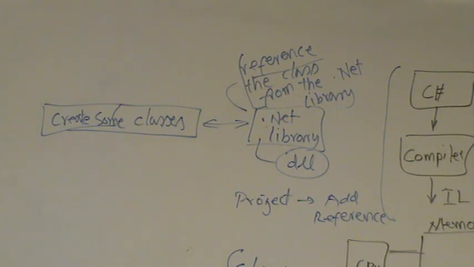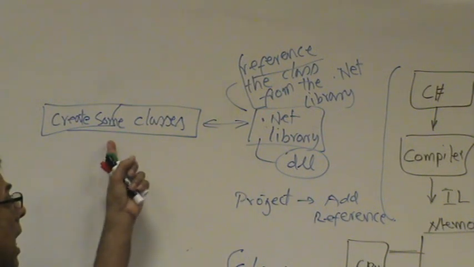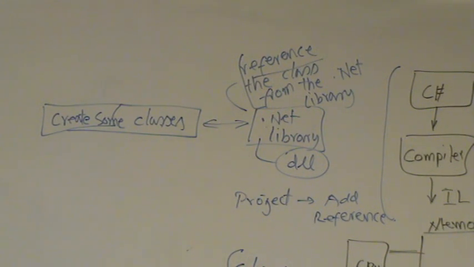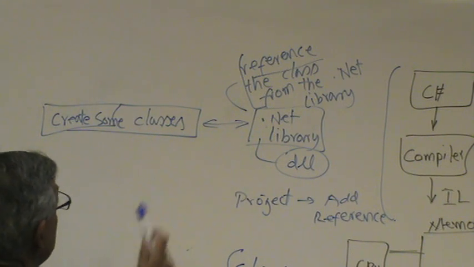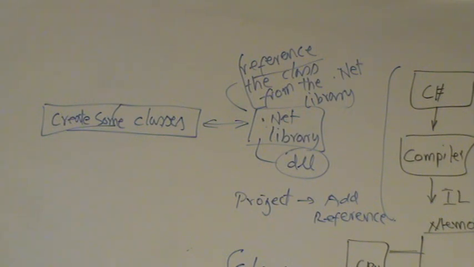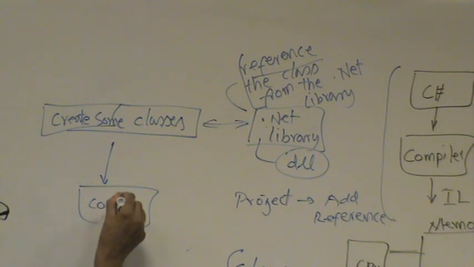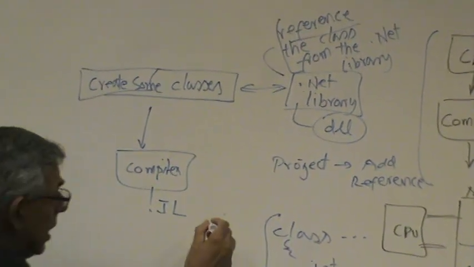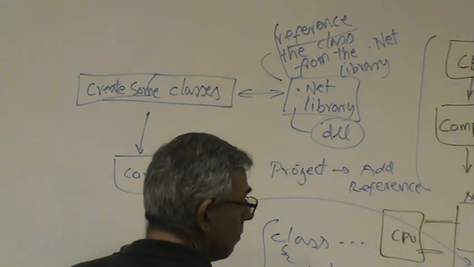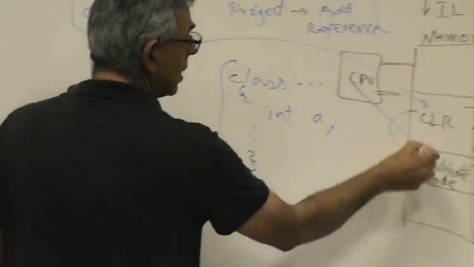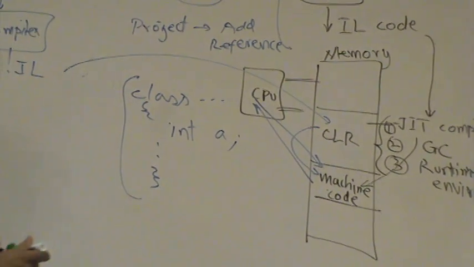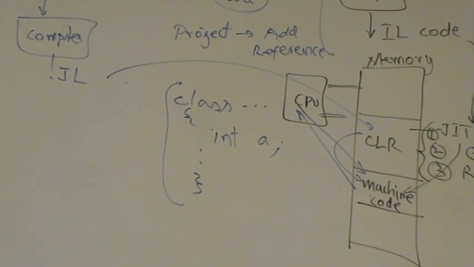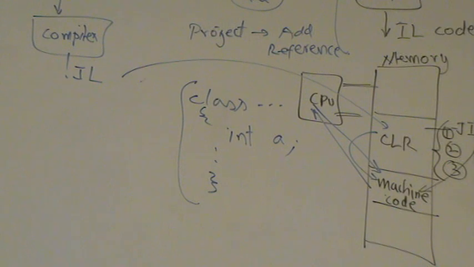So you'll pick the DLL, and then you will automatically get the class that you need to use in your project. So gradually you will learn that, right? So anyway, we pick some classes from the .NET library, create some classes of ourselves, then we pass it through a compiler. And just like we discussed, this will create IL code, and then the CLR will read it, convert to the machine code, and then the CPU directly executes the machine code, right? So that's the execution environment under .NET.